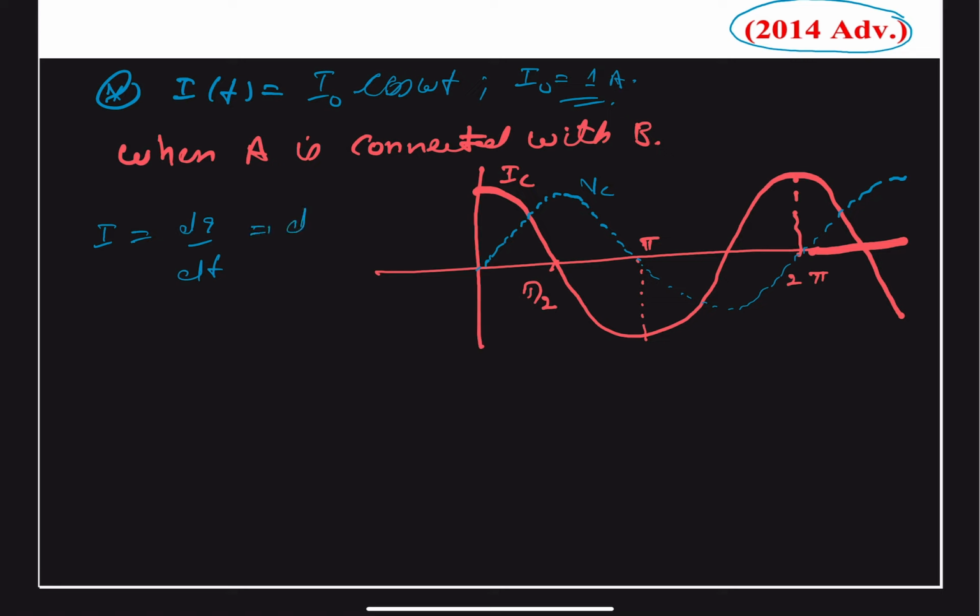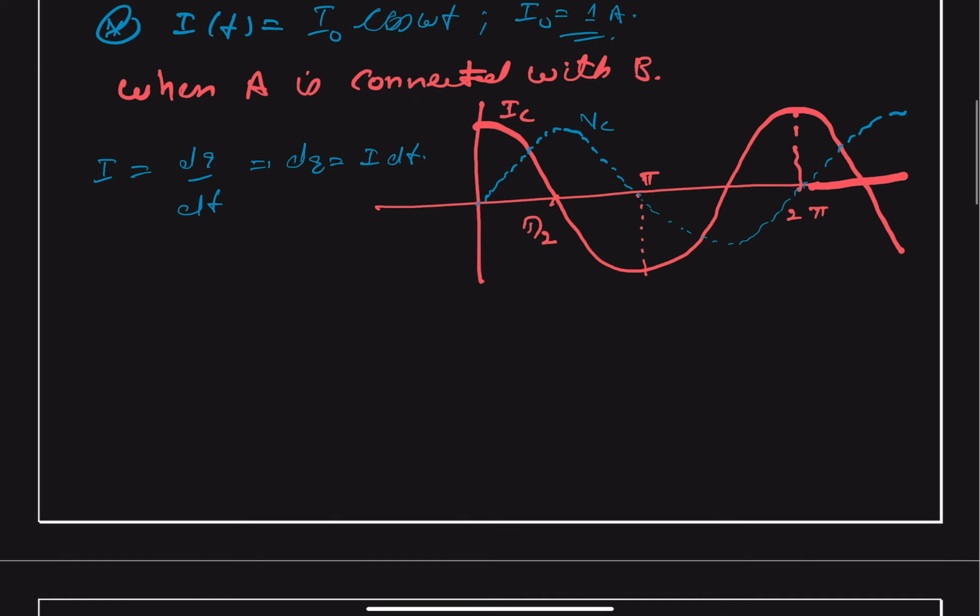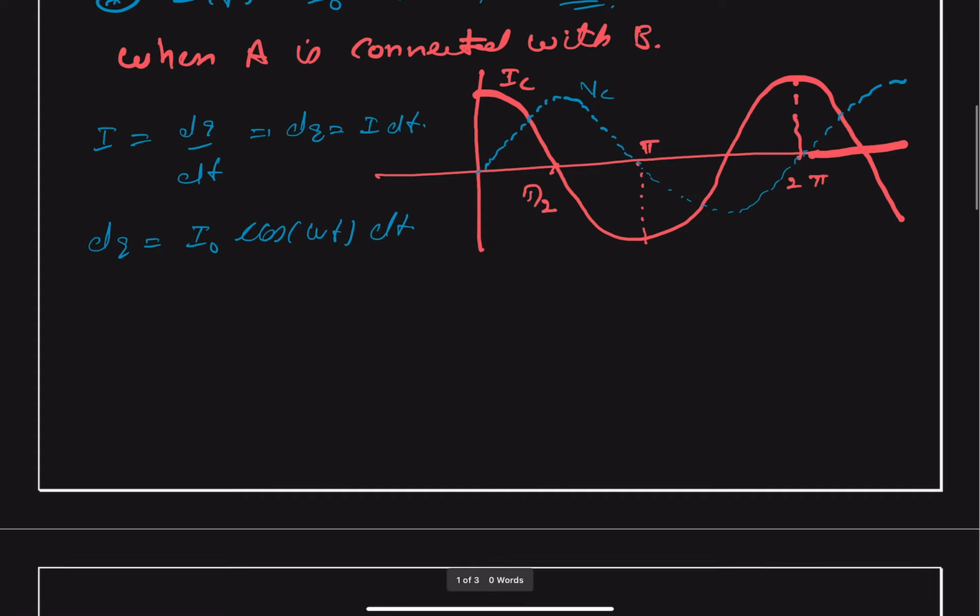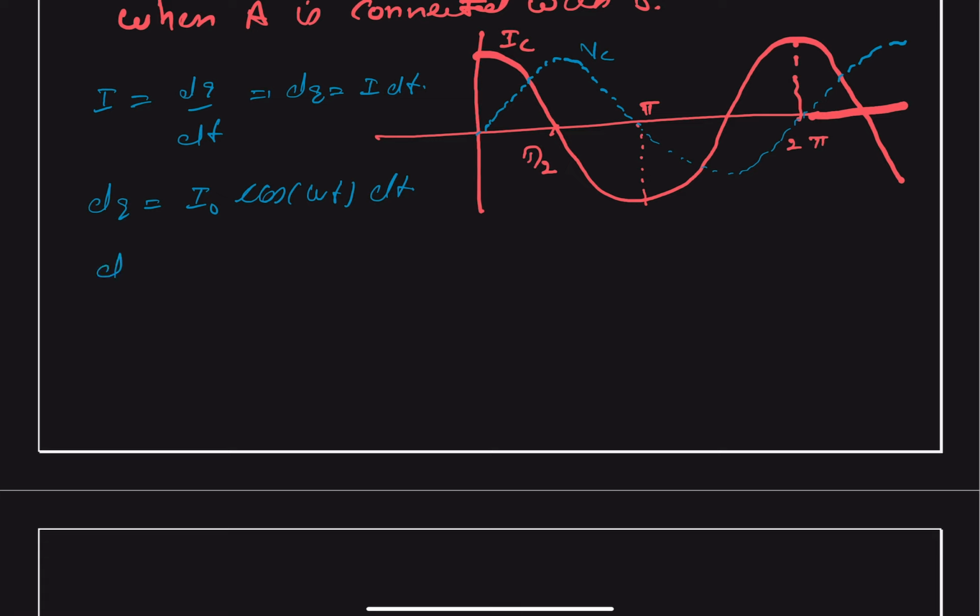From here, dq is equal to I times dt. We substitute the value of I: dq is equal to I naught cos omega t times dt. Value of I naught is 1, so dq is equal to cos of omega t times dt.